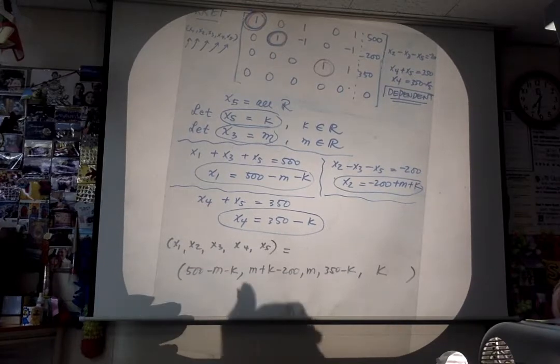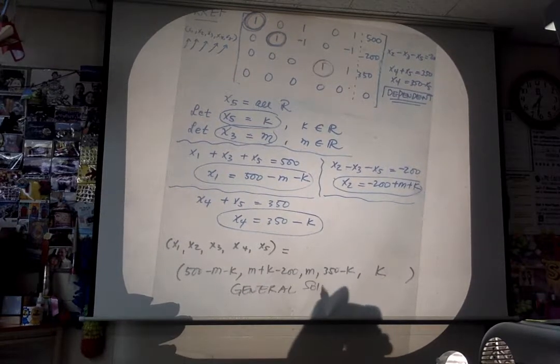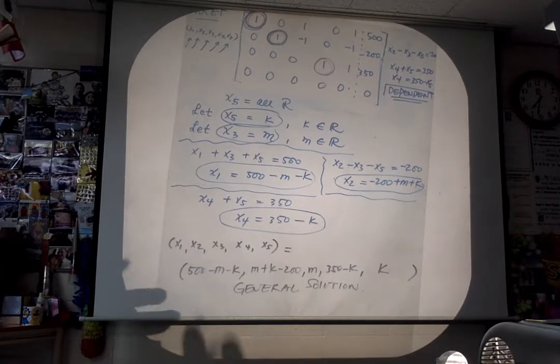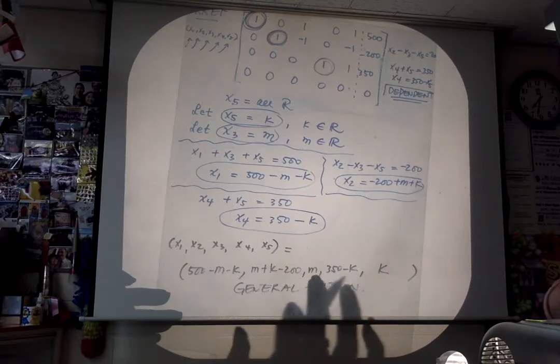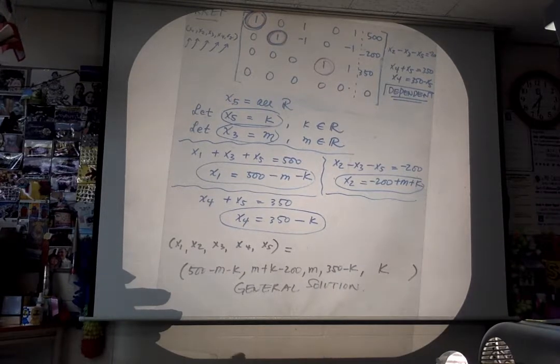And that's how we write the general solution of a dependent system, because each of these variables is dependent on x3 or x5 or both. That's why this is a dependent system.